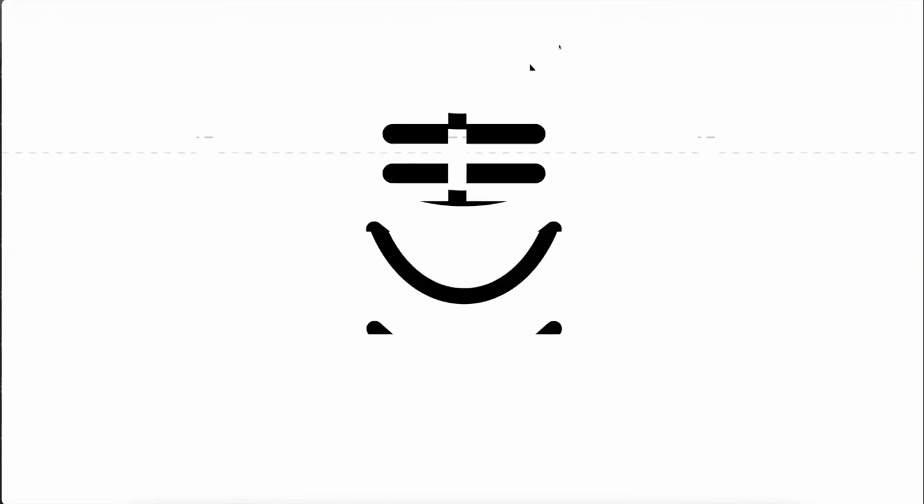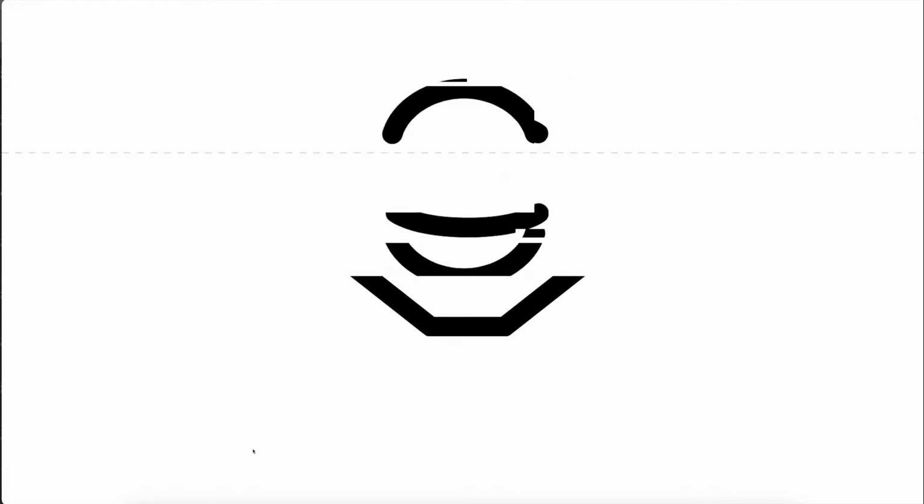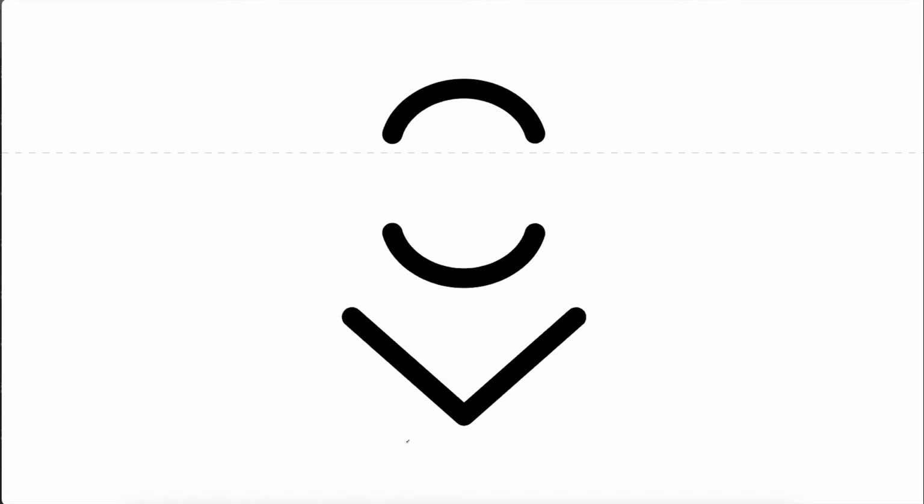Sure. Hopefully we won't have this glitch happening on those glyphs. This is my mouth in a neutral position. And this is what happens if I open my jaw. Here, push the opening to the maximum. Hopefully you can see that, right?